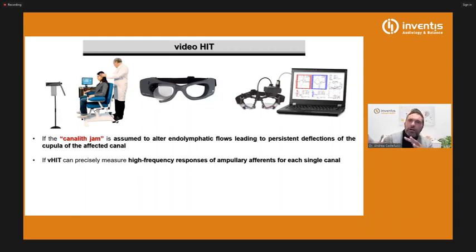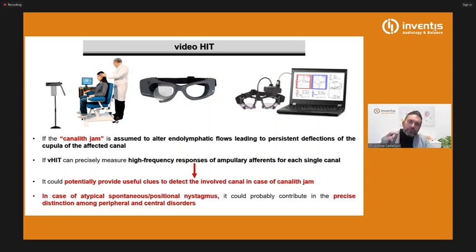So if the canal jam is assumed to alter endolymphatic flows leading to a persistent deflection of the cupola of the affected canal, and if the video head impulse test can precisely measure the high frequency response of ocular reflexes for each semicircular canal, probably the video head impulse test could potentially provide useful clues to detect the involved canal in case of canal jam, complete or incomplete, and in case of atypical spontaneous nystagmus like vertical spontaneous nystagmus that is generally interpreted as a nystagmus due to a central involvement, or in case of atypical positional nystagmus, persistent downbeat positional nystagmus, it could probably contribute to a precise distinction between peripheral and central disorders.